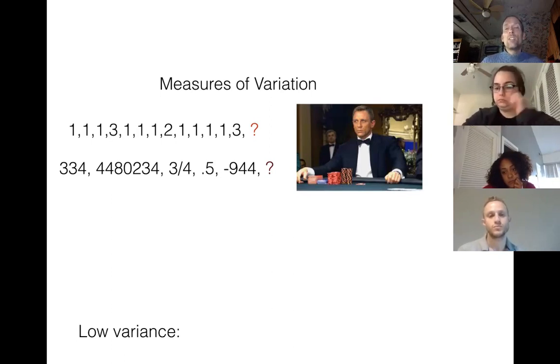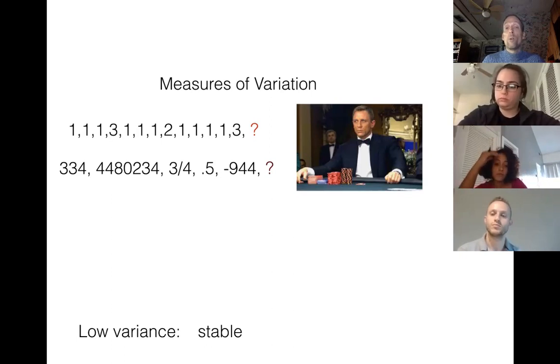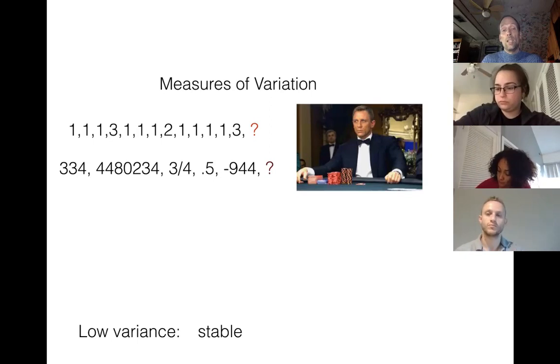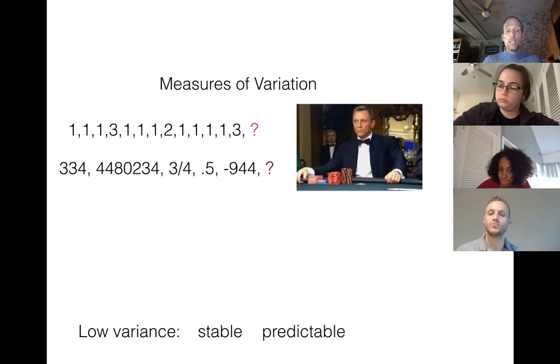And some things that are synonymous with low variance: that data set appears very stable because we've already commented that it's not changing much. It's pretty much stuck between, what's the highest it goes up? About 3, doesn't go below 1, so very, very stable. It's also predictable because Moshe was able to guess the next number real fast.